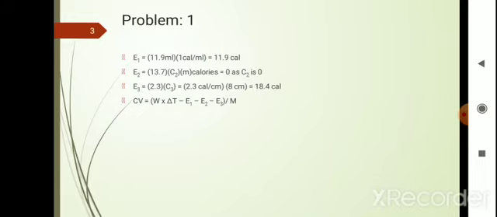Now we have to calculate capital W. So W is equal to H into M plus E1 plus E2 plus E3, divided by delta T.